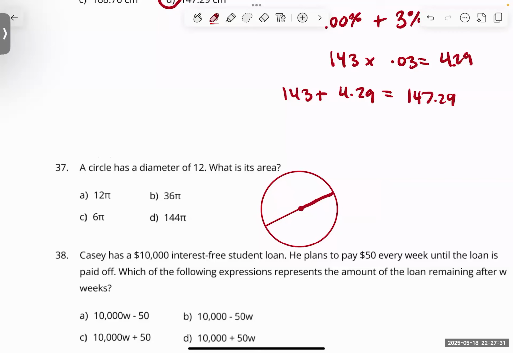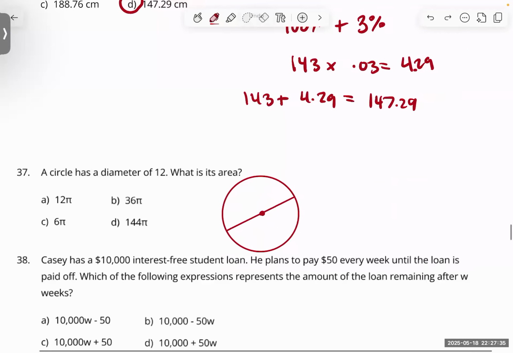Radius is just the distance from the center of the circle to the edge. The area of a circle is pi r squared, r being the radius. But a lot of people plug in 12, but 12 is not the radius, it's the diameter.